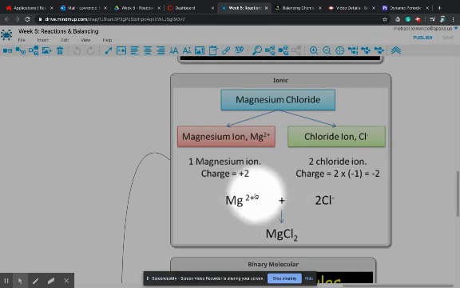Well, we already have +2. In order to get 2 negative charges, we're going to need 2 minuses. So that means we're going to need 2 of the chloride ions. So our final formula, the subscripts will reflect the number of ions that we need in order to balance the charges. So we need 2 chloride ions, so we get MgCl2.